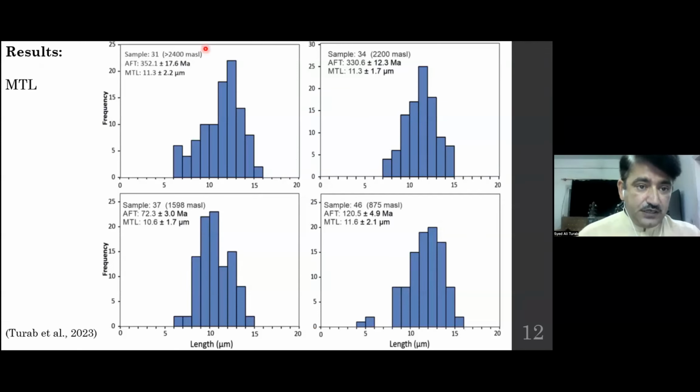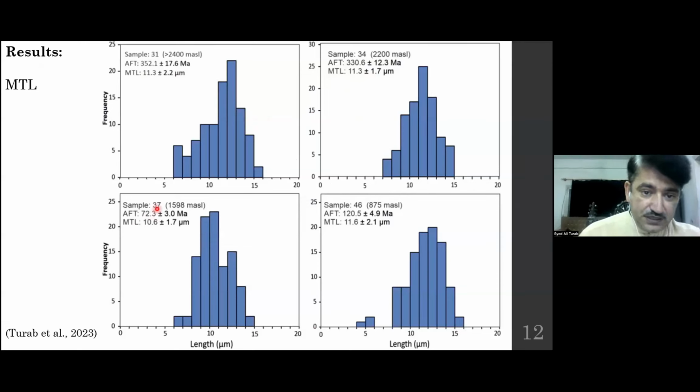If you can see here, samples 31 and 34 from the top of the escarpment, having elevation more than 2200 meters and ages of 352 and 330 million years, they show similar mean track lengths, showing that they were most probably residing well above the partial annealing zone of the apatite fission track system.